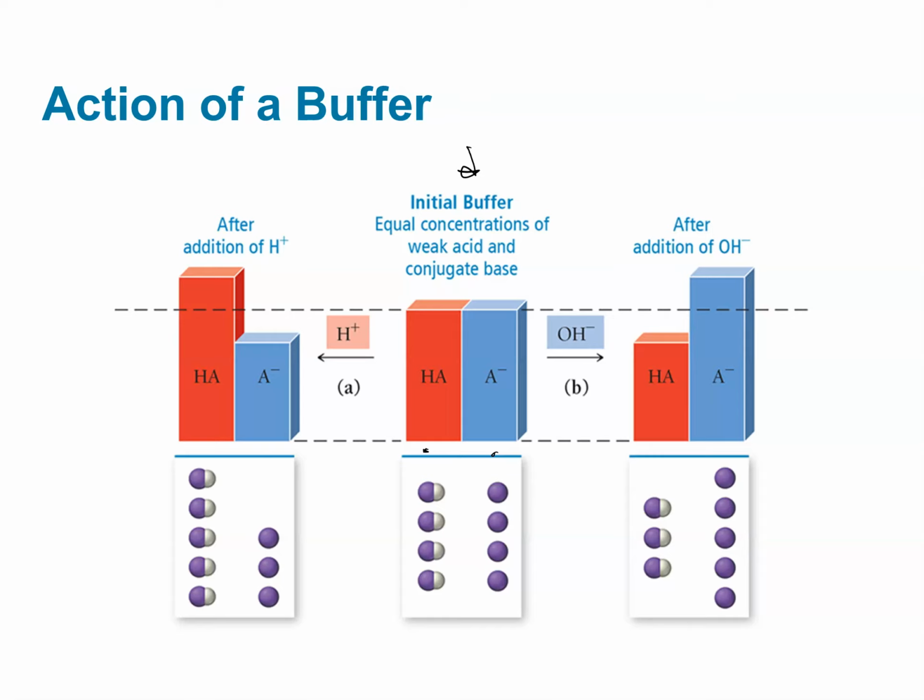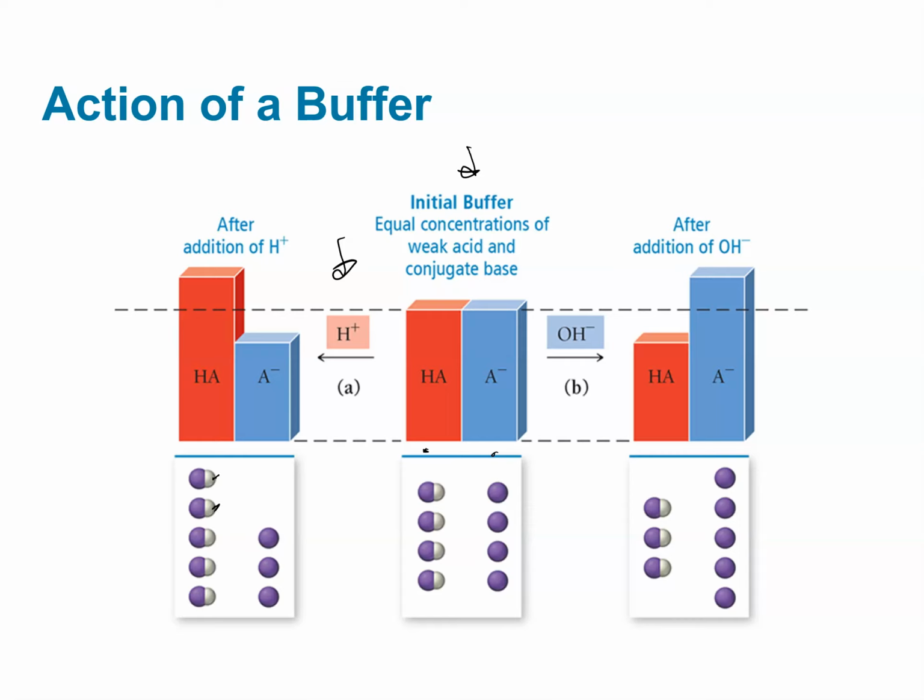And if we're adding acid, our example here to the left, the acid's going to react with conjugate base, and it's going to start putting protons onto the base, and you're going to see some of that conjugate base being consumed.